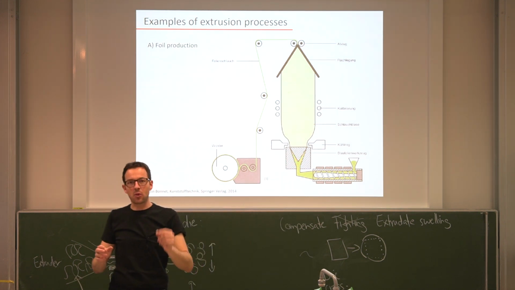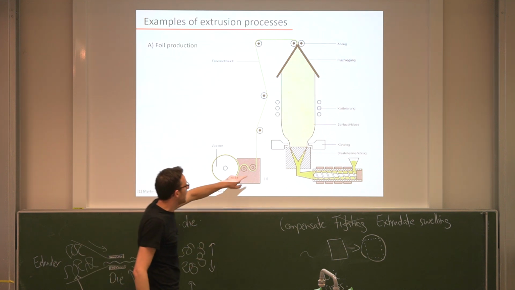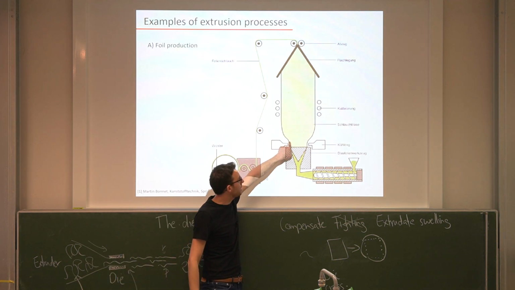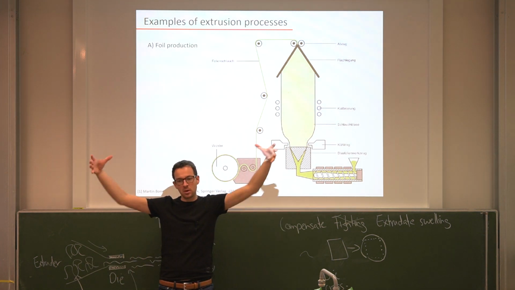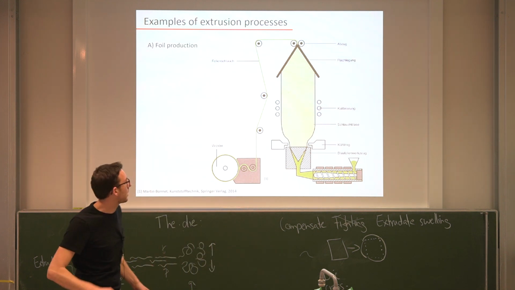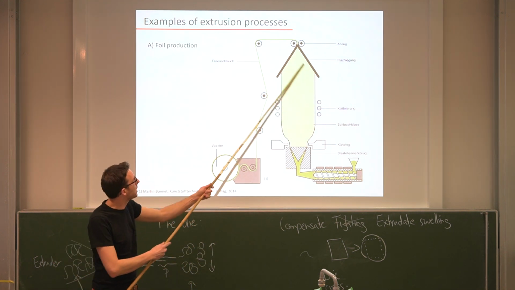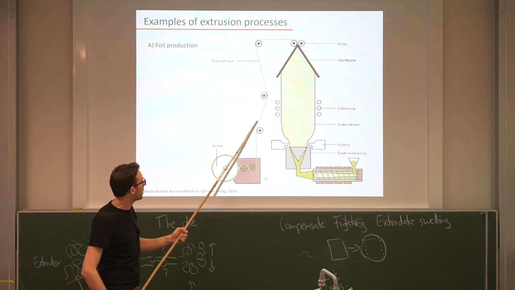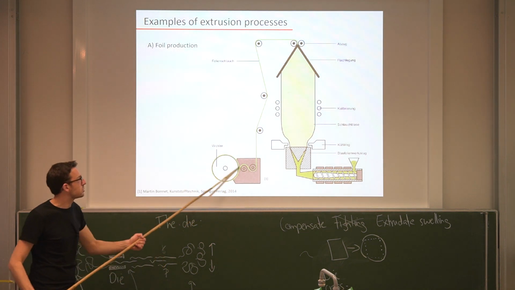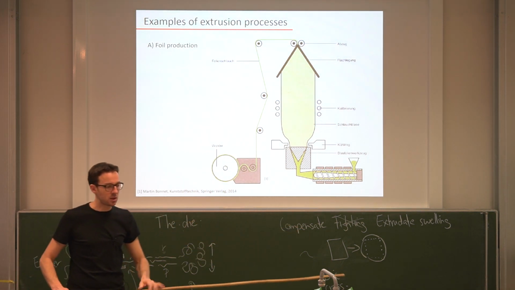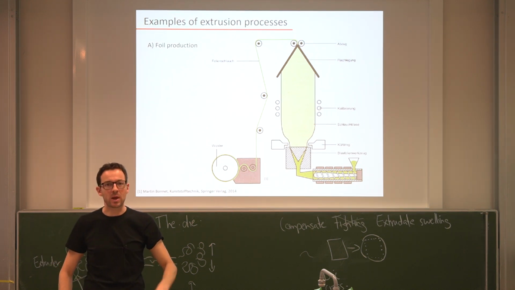As it expands, it thins out the polymer material that comes out of this extruder, and then we create this huge hollow tube that is subsequently being collected here, and then it goes along, and at the end of the day, it's just being wrapped up. And this is how one makes foils and plastic bags and so on and so forth.